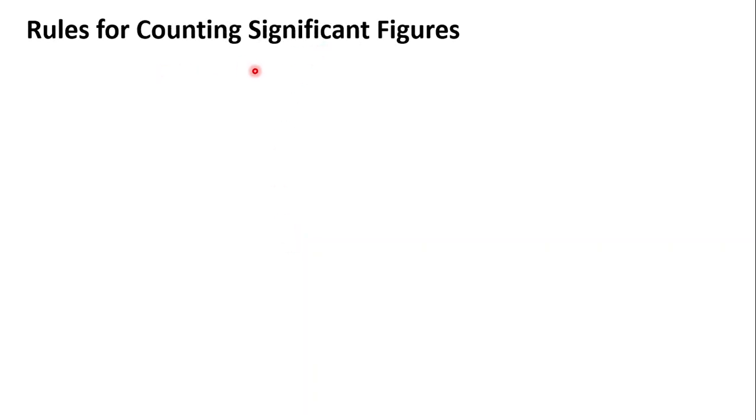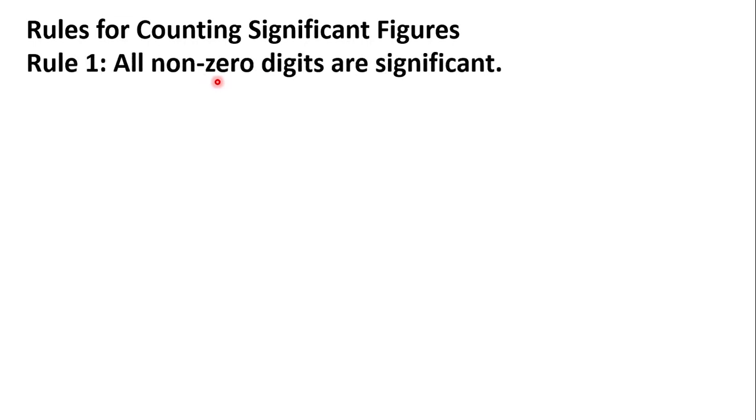So let's look at some important rules for counting significant figures. In a measurement, when you get a measurement of some quantity in physics, all non-zero digits in that measurement are significant.